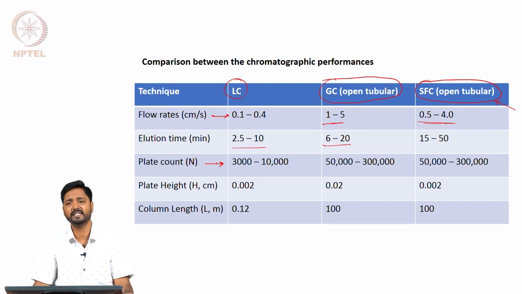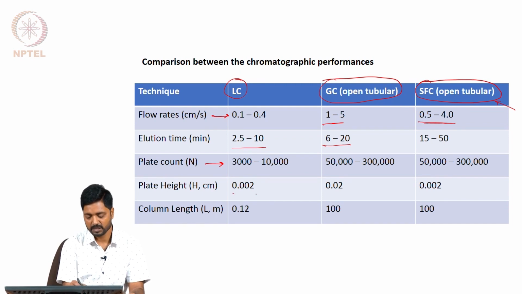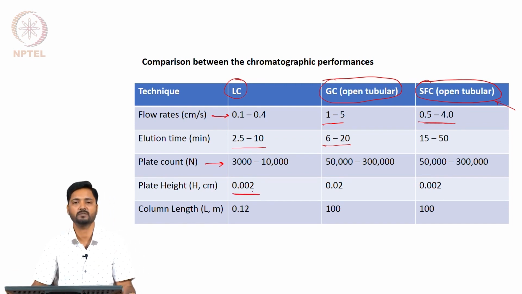The plate height, which indicates how efficient our chromatography is, is the lowest for liquid chromatography systems, and this point we have discussed multiple times, so I will not be discussing why this happens. For gas chromatography, the plate height is much higher, about 10 times higher than that for liquid chromatography. That is because of the low density of the mobile phase.